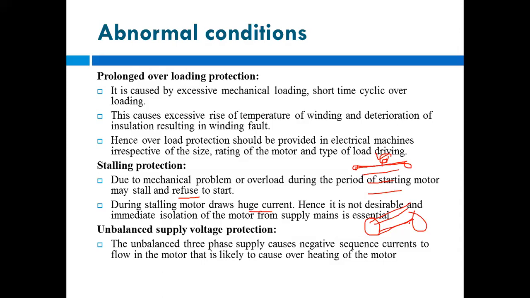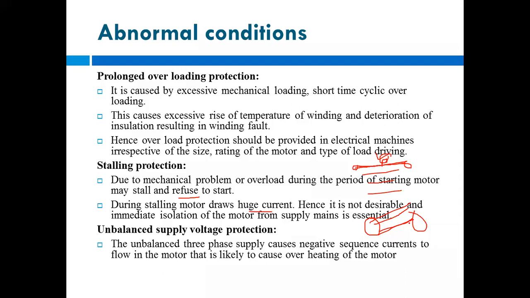Unbalanced supply voltage protection. It is just like we have seen, all of you know the unbalancing, right? Unbalance means when the angle between any two phases gets changed, that is nothing but your unbalanced system.